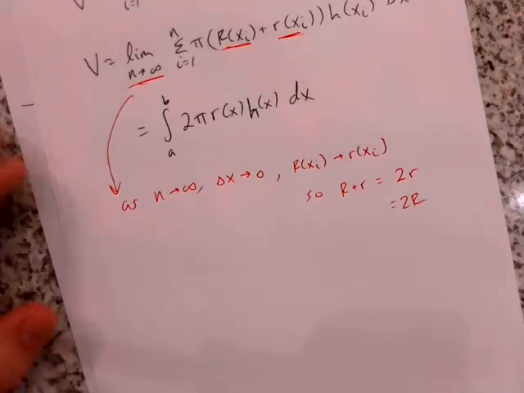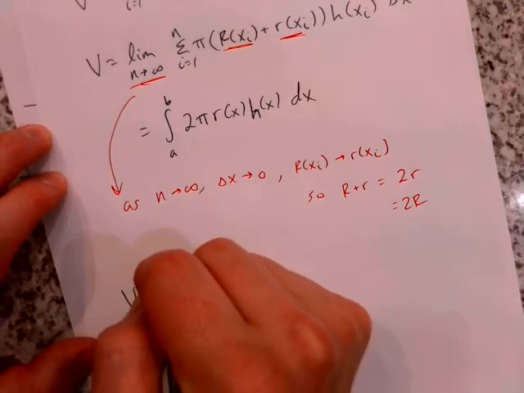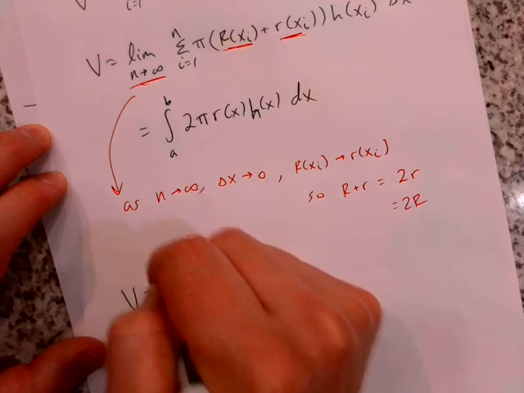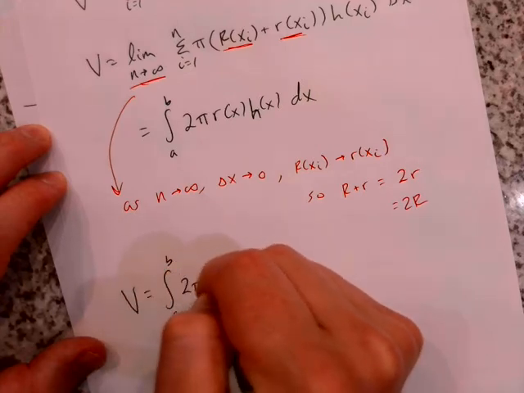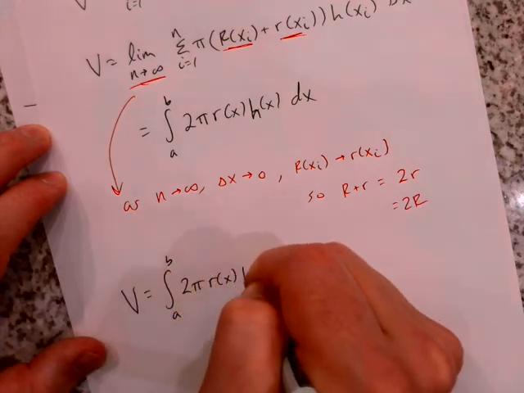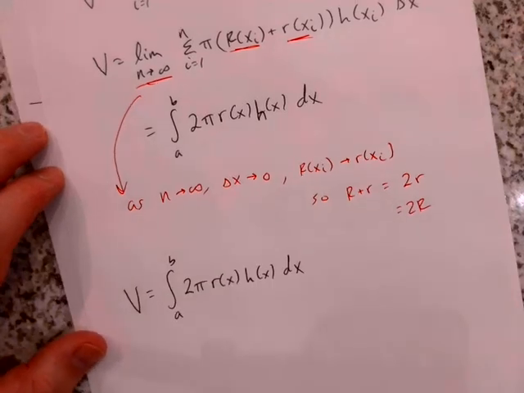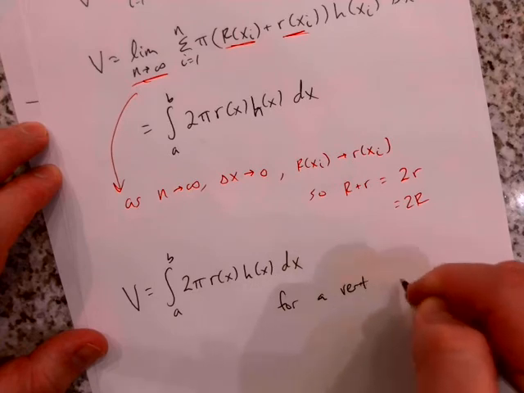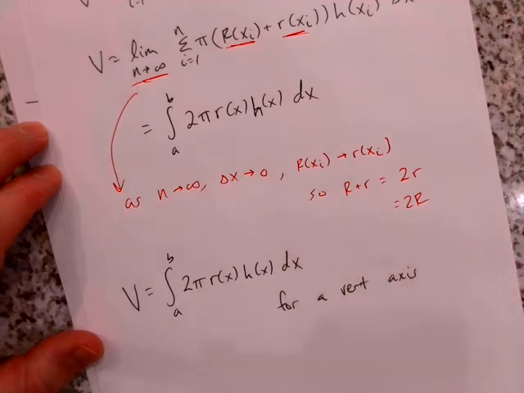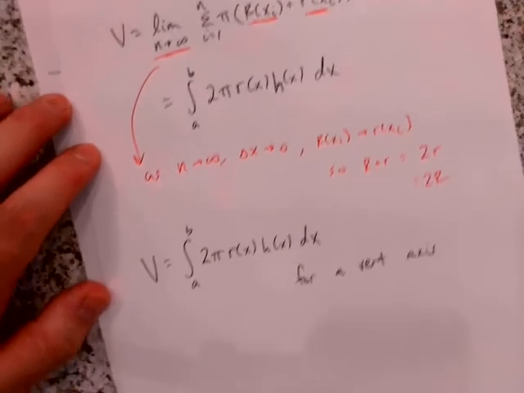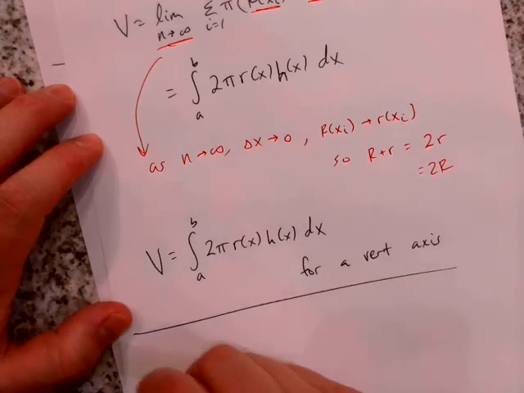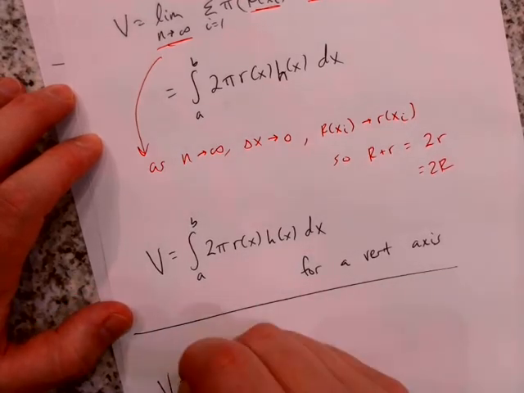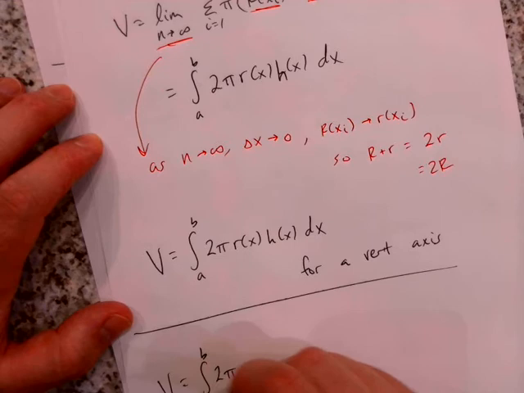I'll write that one more time because it's kind of sloppy. So the volume is the integral from a to b of 2 pi r of x, h of x, dx. This is the shell method for a vertical axis of revolution. If it's a horizontal axis, then you use y, because the shell method does the opposite of the other two methods.